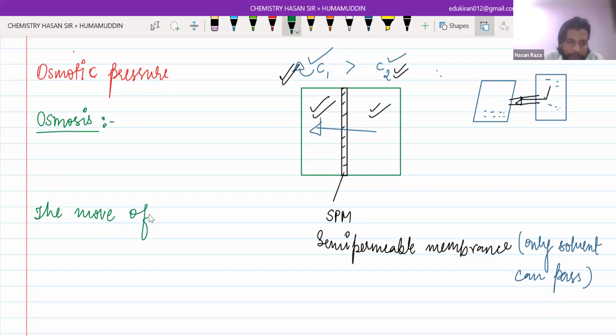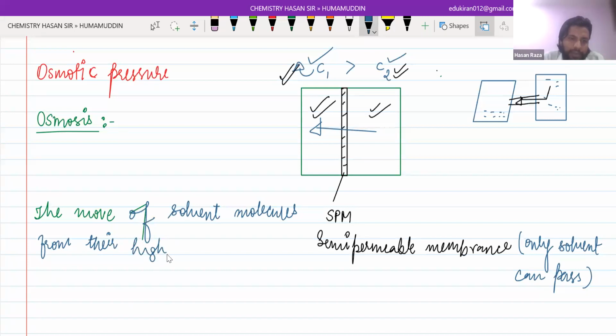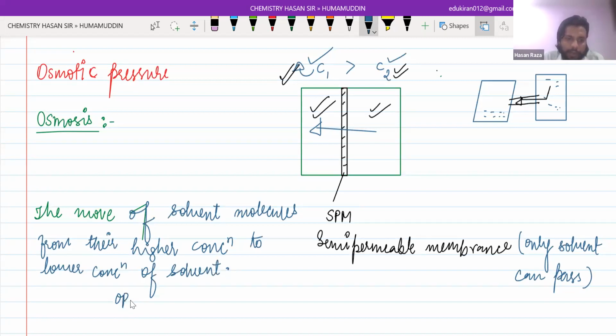So the movement of solvent molecules from higher concentration to lower concentration of solvent. So it's very easy.